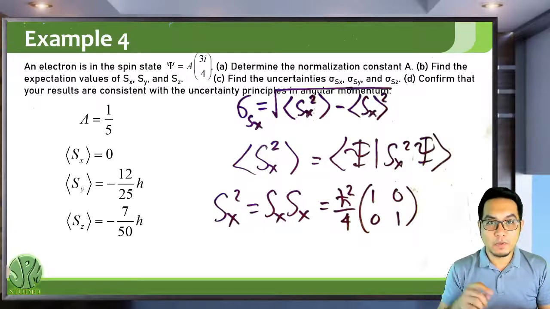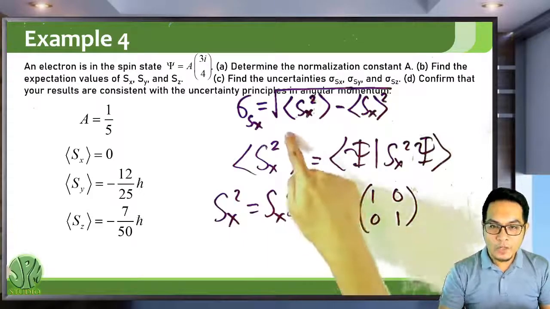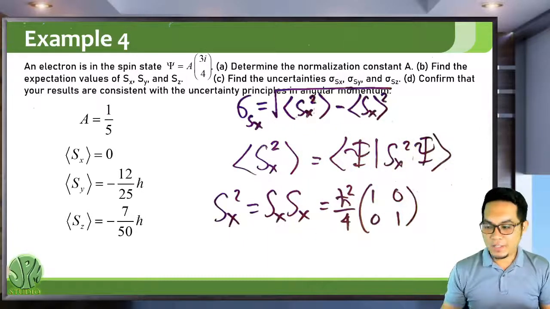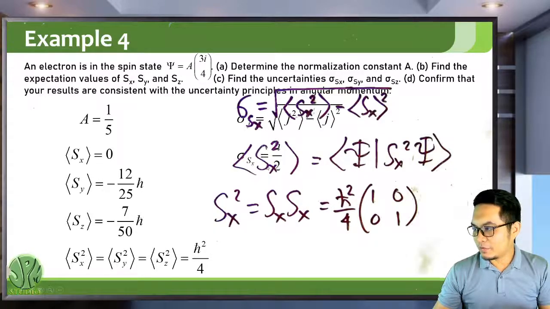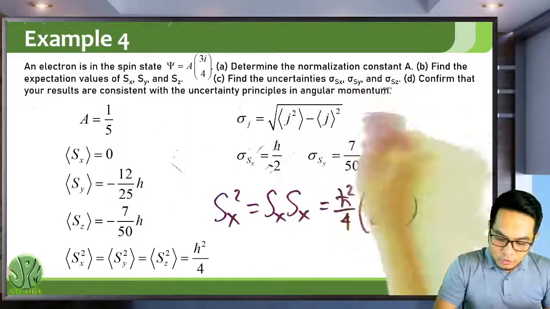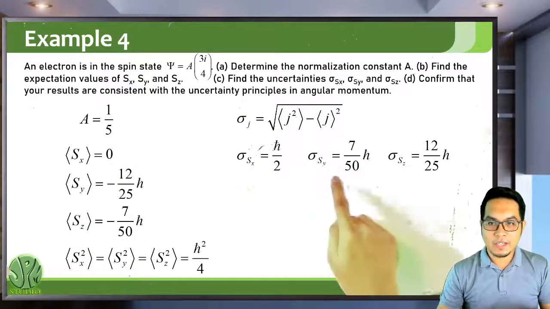And that is also the expectation value of Sy squared and Sz squared. Knowing that, you can now solve for the uncertainties, and you will get these three uncertainty values.